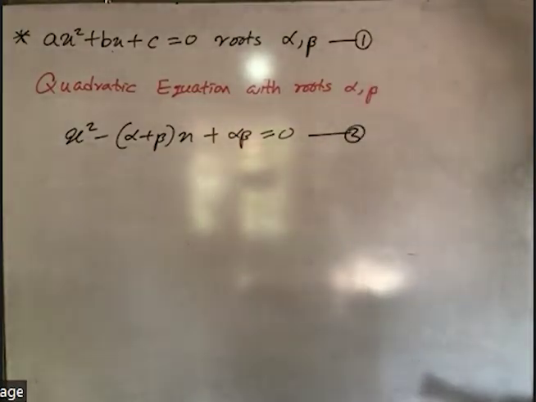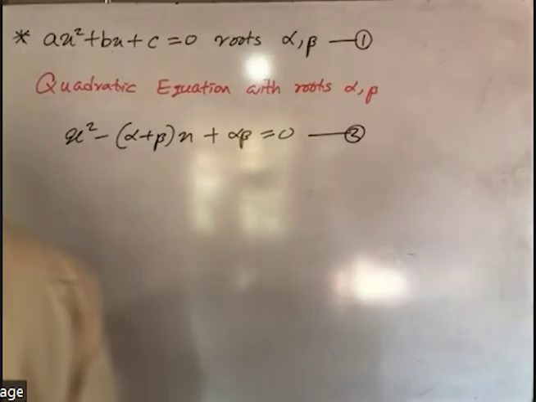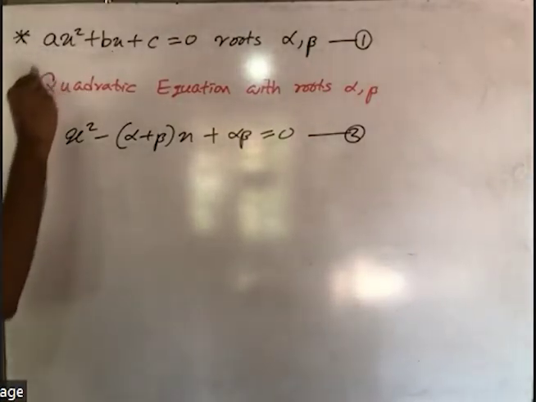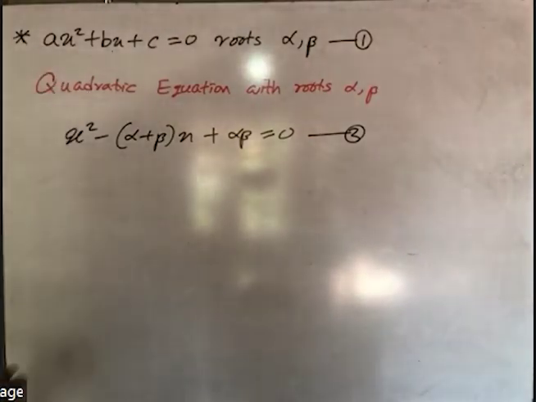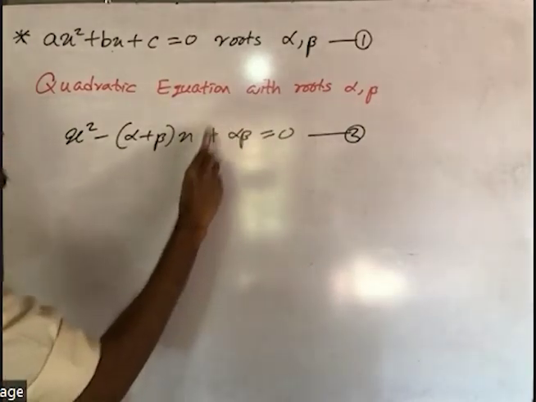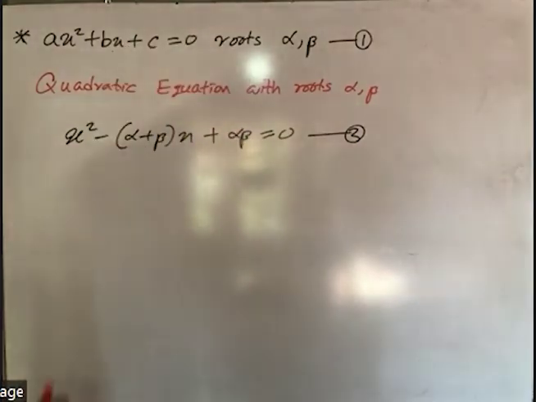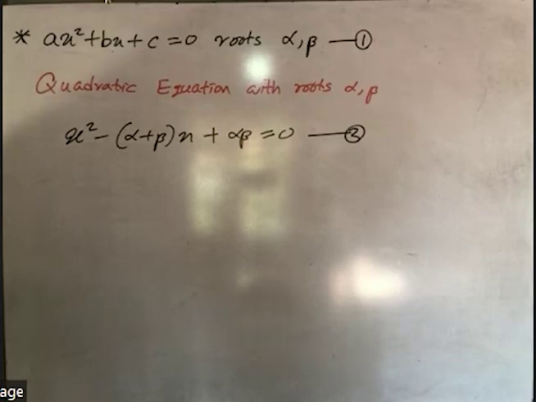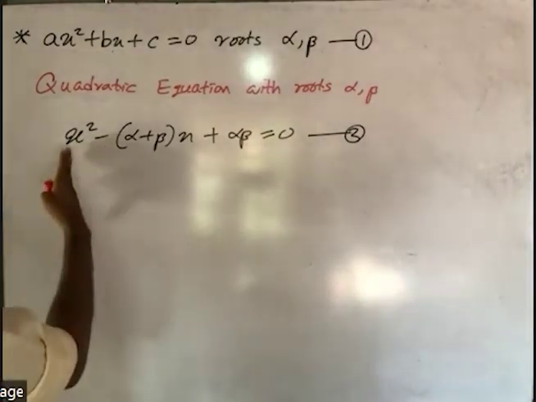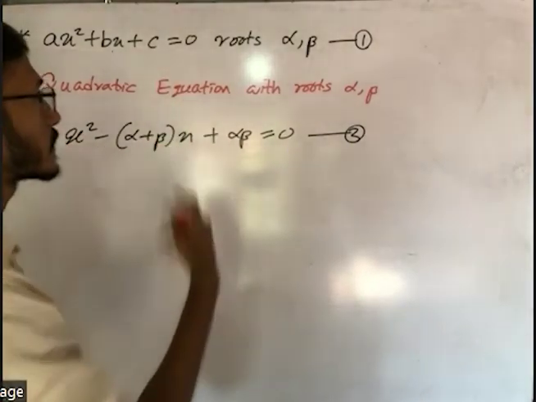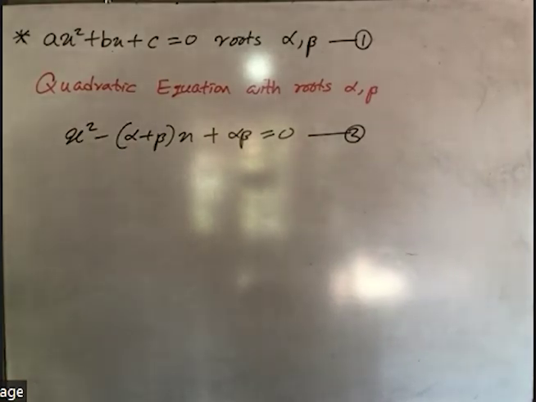Right. If you look at these two quadratic equations, here also the roots are alpha comma beta. Here also the roots are alpha comma beta. And these two quadratic equations are in the standard format. First we have x square term, x term, then the constant term. Now if you compare these two equations, they are in standard form and their roots are equal. Therefore, from the previous relation, we can say that the coefficients of these equations are directly proportional.